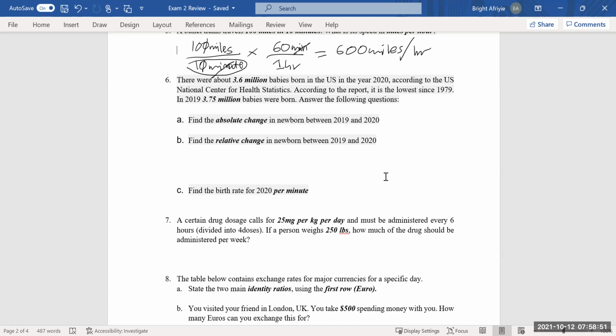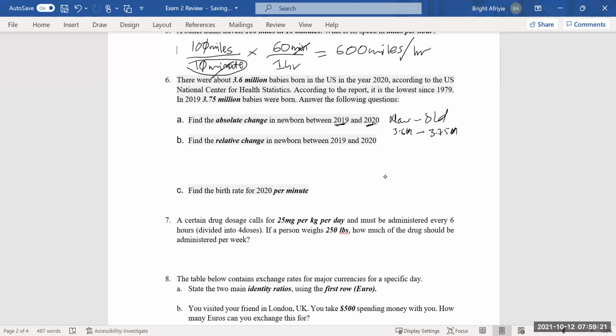Right. So we know that absolute change is what? The new minus the old. Is that okay? So between 2019 and 2020, the data point that goes with 2019 is our old, right? And the data point that goes with 2020 is our new. All right. So we have 3.6 million for the new, and then we have 3.75 million for the old. Is that okay?